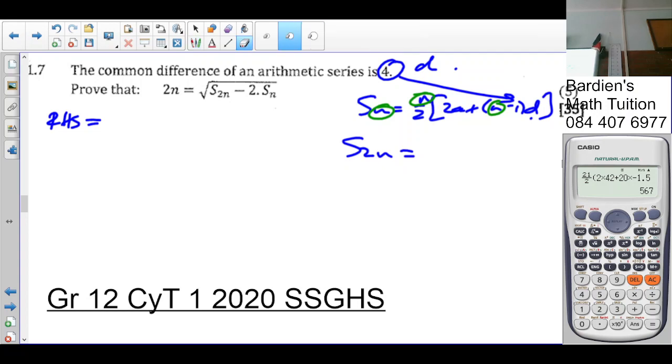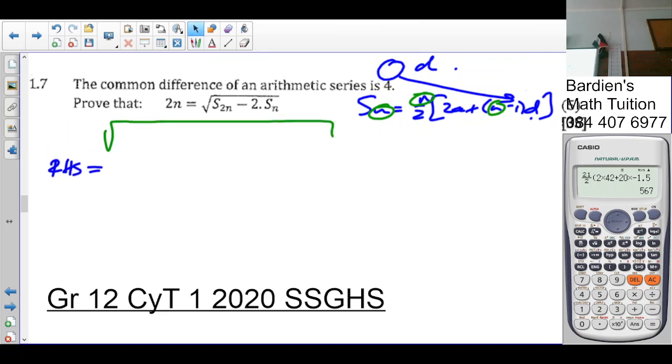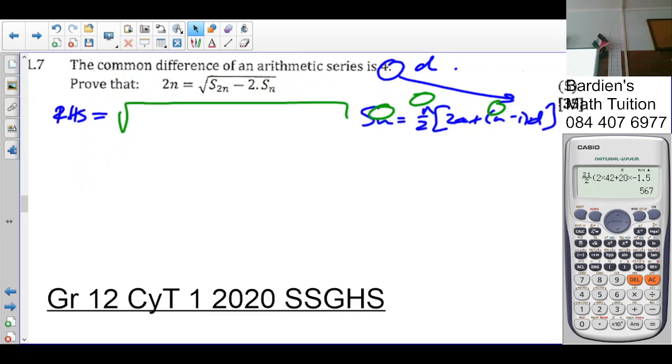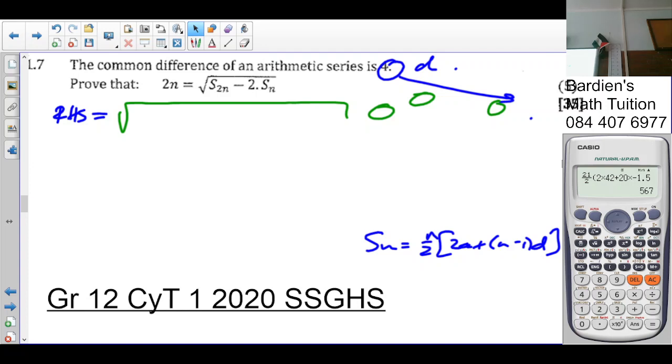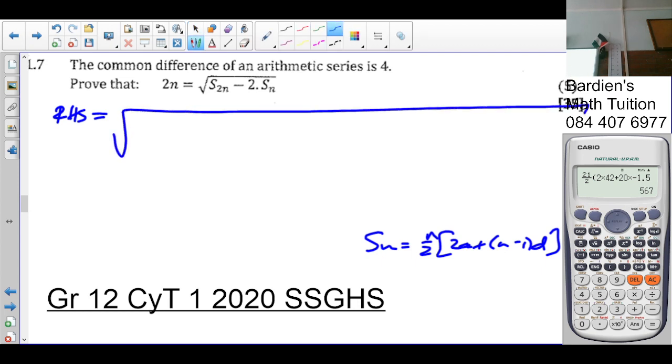So we go the square root of S2n, which is exactly what we just mentioned. Let's pull this down a bit. So then we go the square root of S2n, which will be now 2n over 2 into 2a.